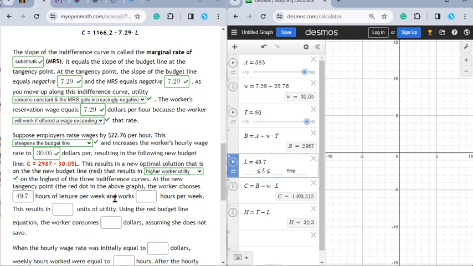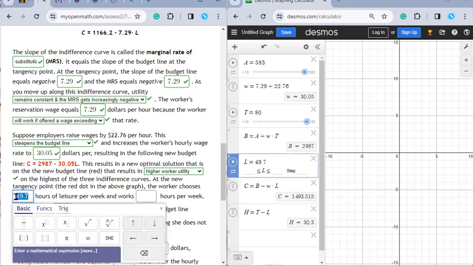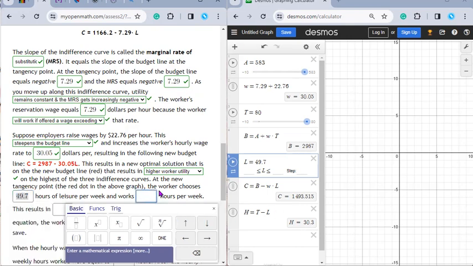Now, if I'm consuming 49.7 hours in leisure, then I'm supplying 30.3 hours in labor each week.